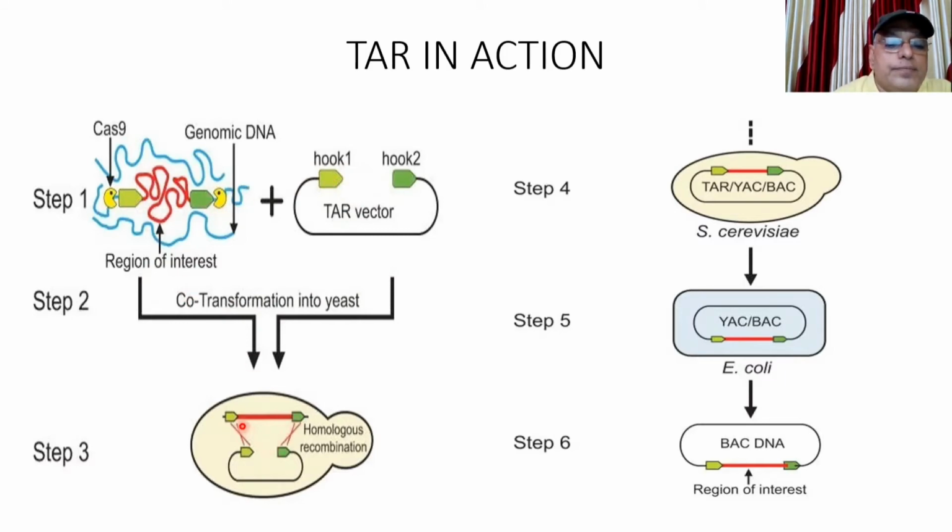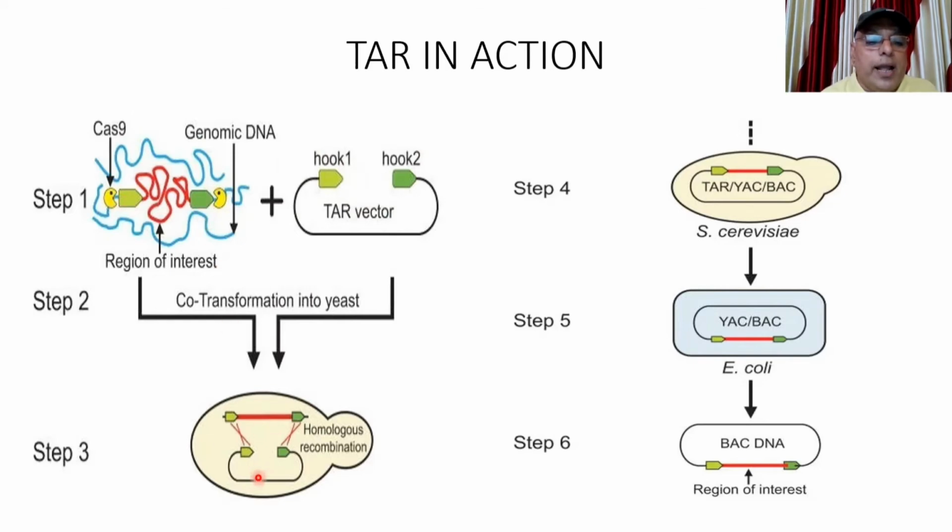Here you see homologous recombination is taking place between the hooks, and these hooks have extricated this stretch of DNA. You see that from this unwieldy, clumsy stretch of DNA, only that length of DNA which was desired to be transferred has been extricated by this capture vector TAR. This TAR had two hooks, and these hooks recombine with the two ends.